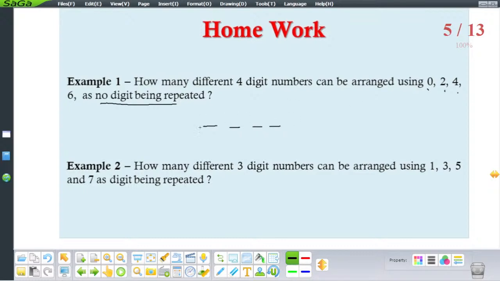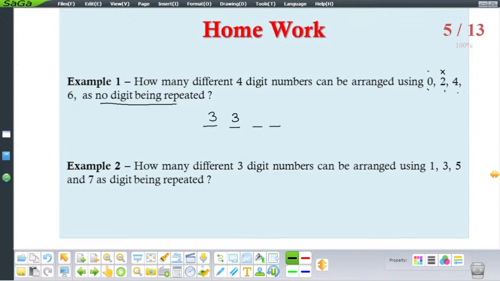At the first position we can't write 0, as we have seen in the first part. If you write 0 in the first position, then it cannot be a 4-digit number. So the remaining numbers we can write. How many remaining numbers? 1, 2, 3. So 3 numbers can occupy the first position. Now we can use 0, but no digit is repeated, so if we choose one for the first, we can't use that again. So the remaining are 3 for the second position.